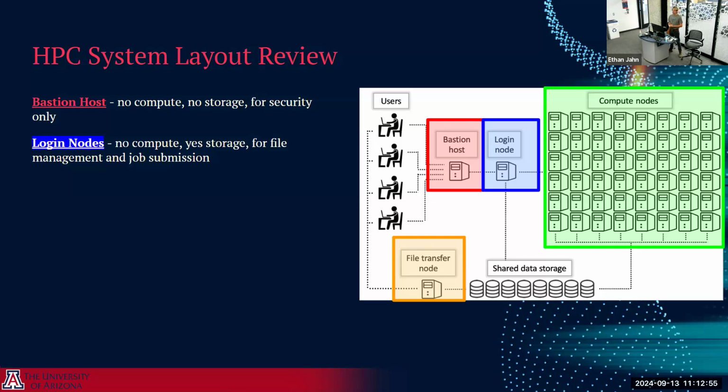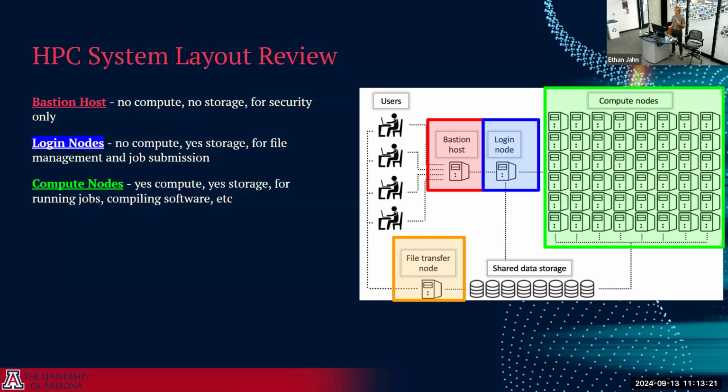But if you have to compile something or if you want to run your code, the login node is not the place to do it. The login nodes do have access to the storage. So the main purpose of the login nodes is for your file management and for your job submission. The compute nodes, this is where the majority of the compute is done. So yes, they do have access to compute, and they also have access to the same storage system as the file transfer node.